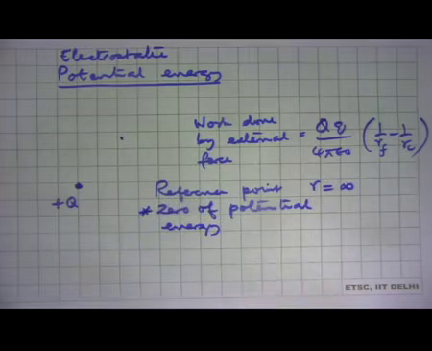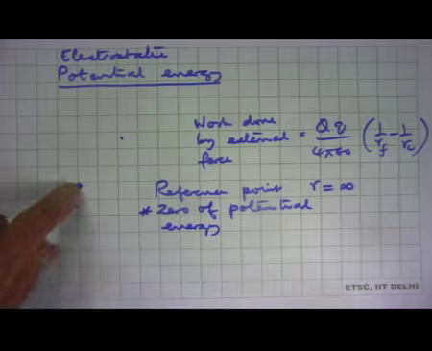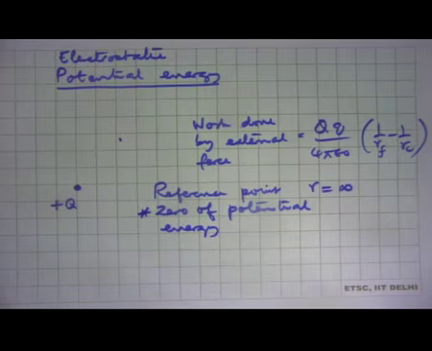So, I will assume that I have a positive capital Q charge here. If the other charge is at infinity, then there is no energy in the system; the potential energy is 0. When I bring the second charge close to the first charge, I do work on the charge and change the potential energy.